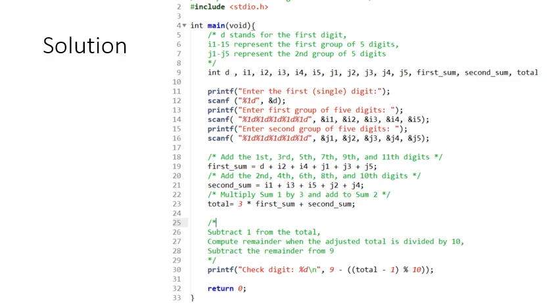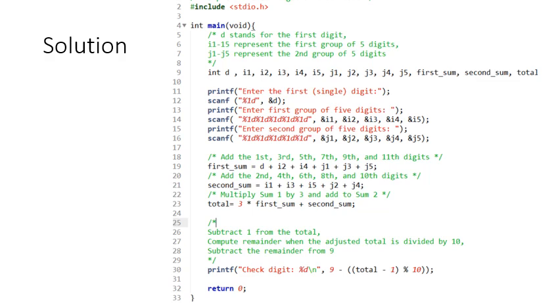We also declare additional variables for the first sum, the second sum, as well as the total. As specified earlier, we first ask the user on line 11 to enter the first single digit, and then we scan the digits.